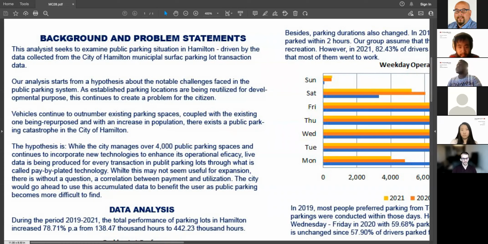For the first task, like I said earlier, we sourced our data from the transactional data. And what we did was we used the parking lots that had complete data. Our range of data was taken from September and October of 2019 down to September, October 2020, and also 2021 of the same month.